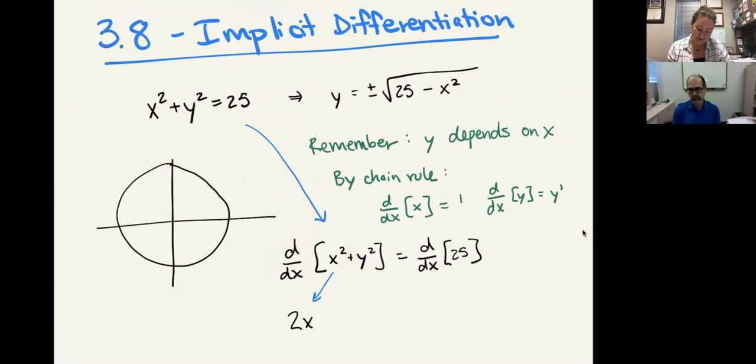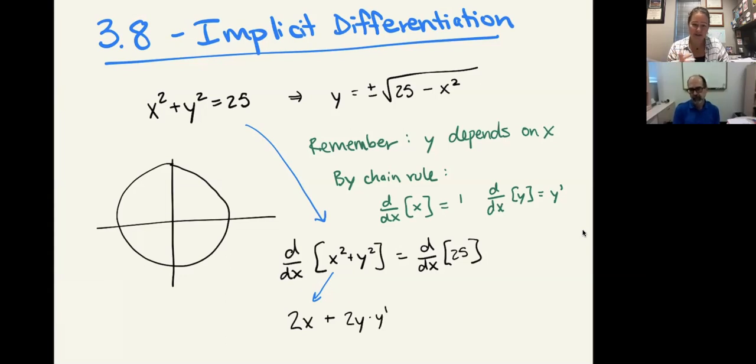And then this is the part that's different, because when I take the derivative with respect to x of y squared, I can do almost the same thing. I can do 2y, but then I'm remembering that y is dependent on x, so I have to also include y prime.